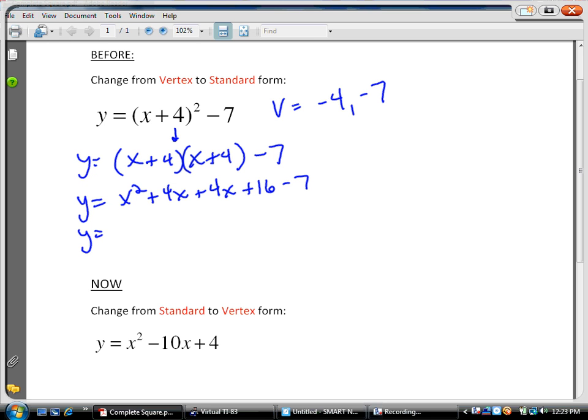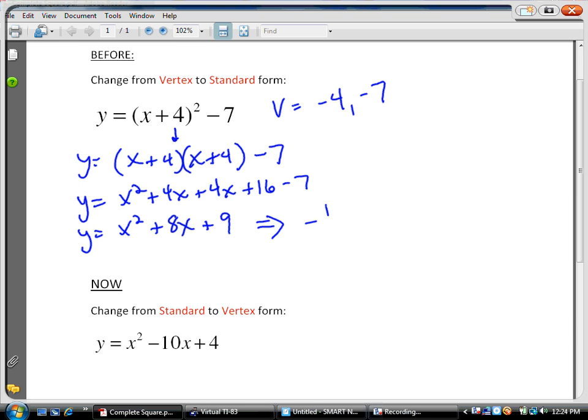After we combine like terms, we end up with x squared plus 8x plus 9. And again, it's just written in a different form. It's not changed, it's the same exact line.